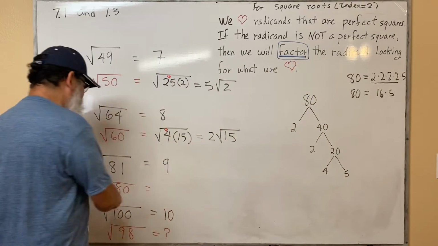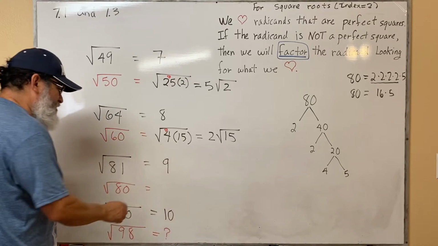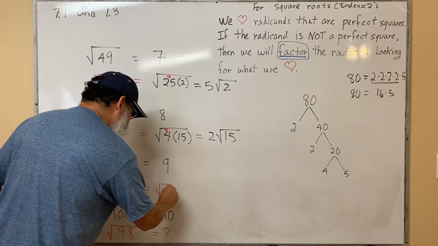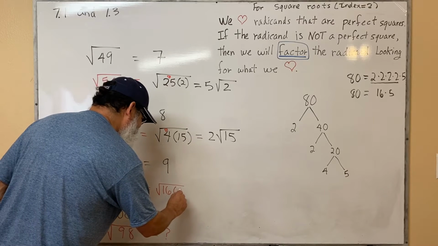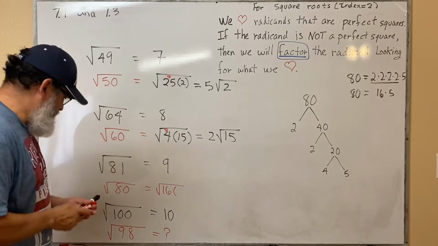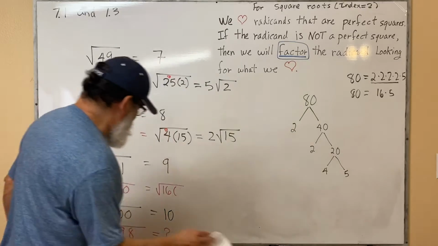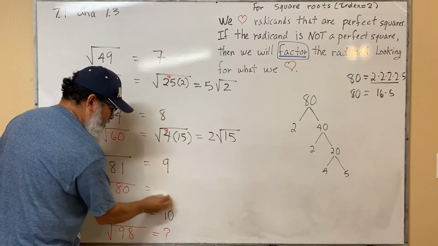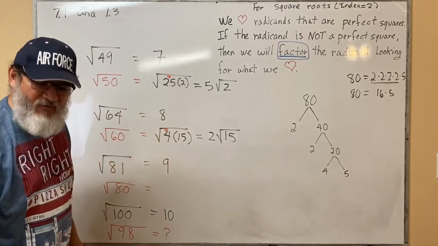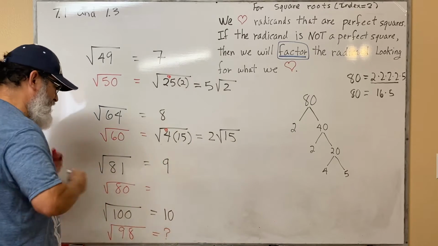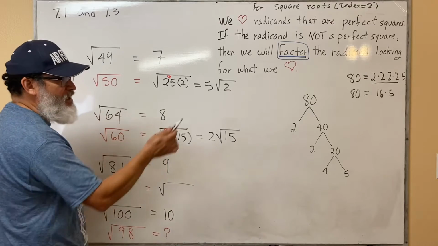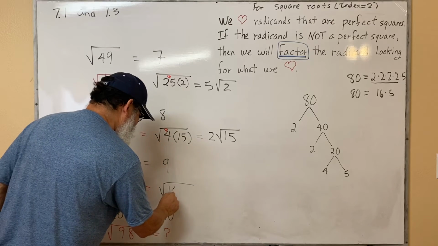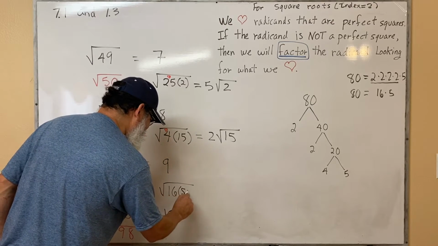So therefore, the square root of 80 is gonna be the square root of 16 times 5. I should write it in black, okay? Because then you can highlight what you love.